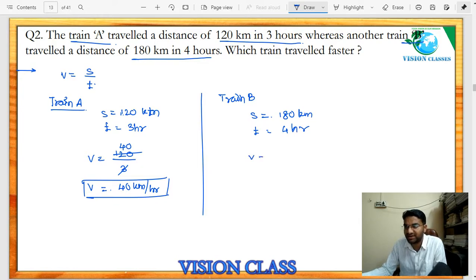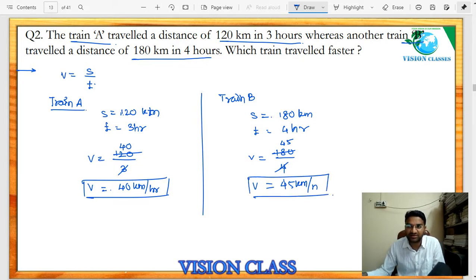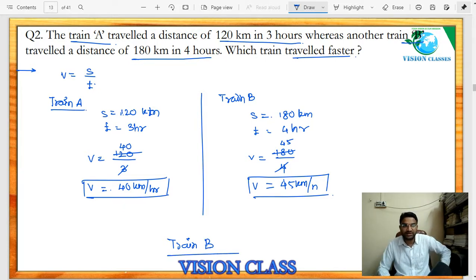So speed is s over t, that is 180 over 4. 4 fours are 16 and 4 fives are 20, so it's 45 kilometer per hour. So which is faster here? Of course, train B travels faster compared to train A.